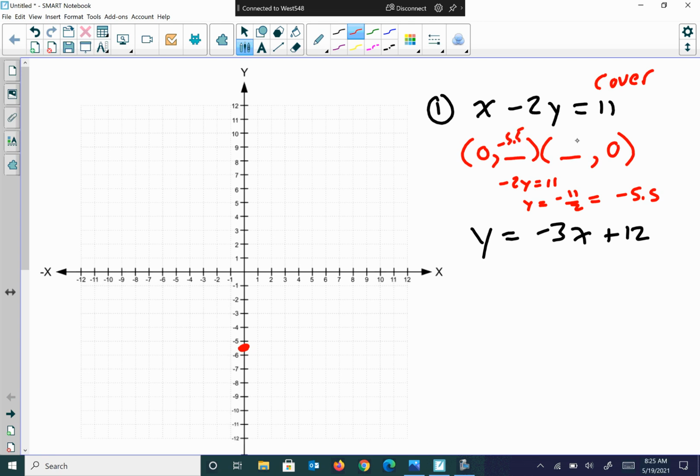So 0, negative 5.5, which is down here. And then if I cover up the y value, I get x equals 11. And that's kind of where the error had taken place with this.